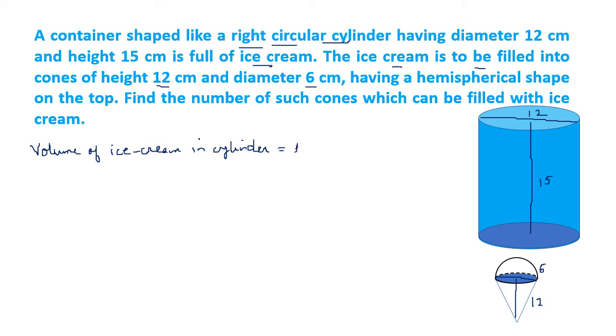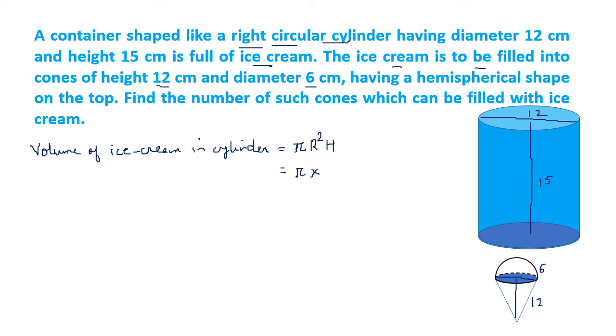What is the formula for cylinder? Pi, I'll write capital R square capital H for the cylinder. In this sum I will not put the value of pi, because in the end I have to just find the number of cones. So I'll keep it as it is. Pi. What is the R here?